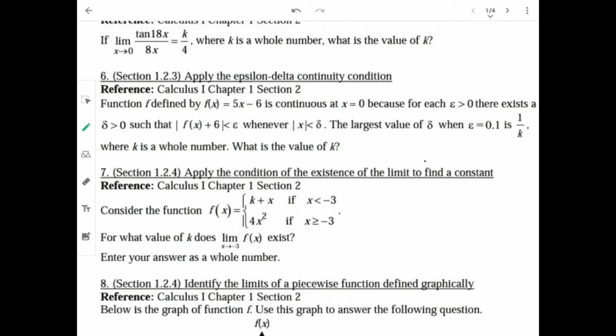So for number 7, when you have these types of questions, without even looking at what they ask you to find, you immediately find out what's happening in between the junction. So the junction is this one, when x is equal to -3. So when k plus x at -3 from the left, it's k minus 3.